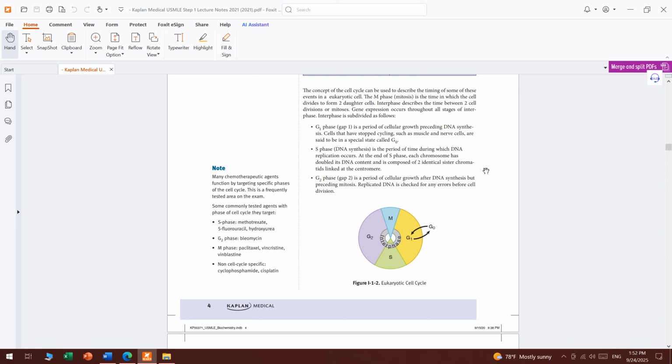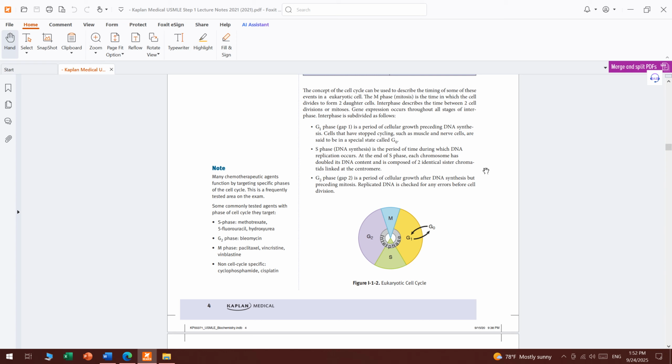For instance, agents like methotrexate, 5-fluorouracil, and hydroxyurea primarily target the S phase, interfering with DNA synthesis by blocking nucleotide precursors or DNA polymerase activity. Bleomycin is known to act during the G2 phase, affecting DNA integrity and repair mechanisms, leading to DNA strand breaks.